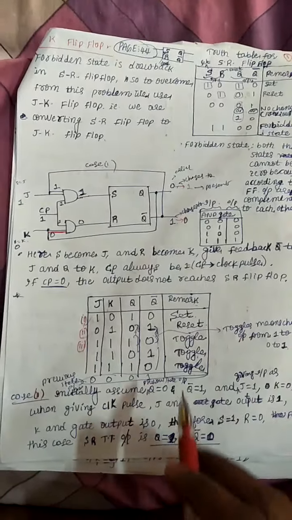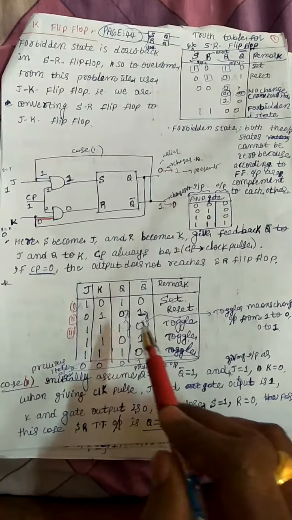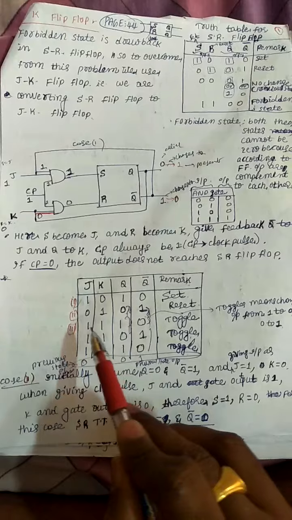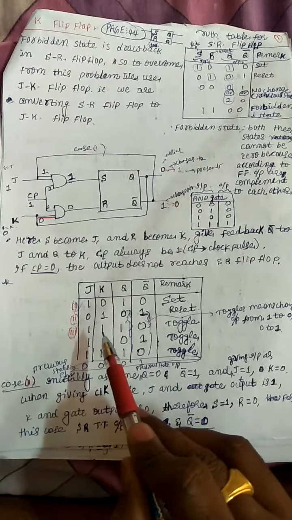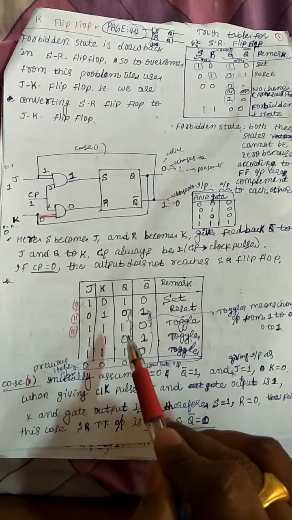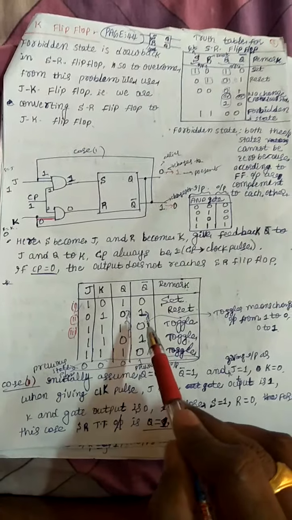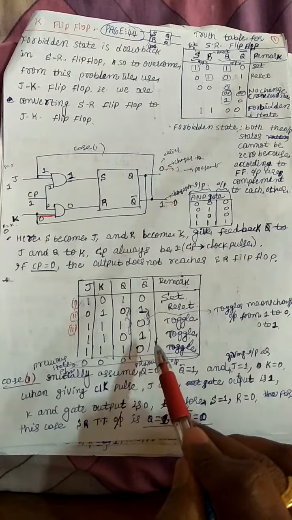So this is the truth table for the JK flip-flop. First condition, second and third. In the third condition, when both the inputs are 1, the output is toggling from 1 to 0, 0 to 1, 0 to 1, 1 to 0. This is the drawback in the JK flip-flop.